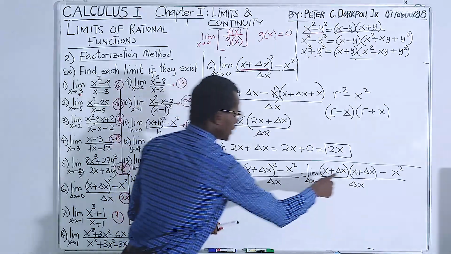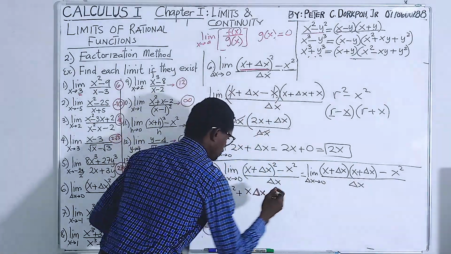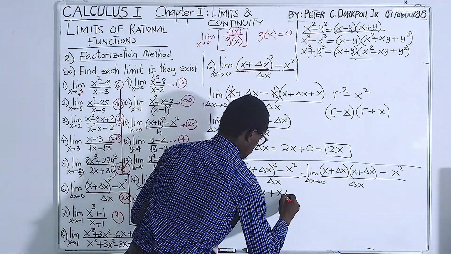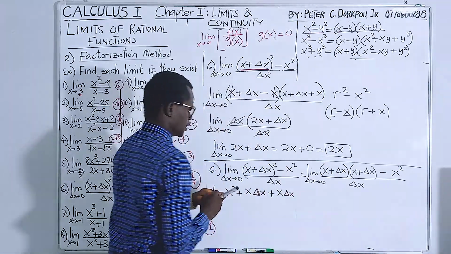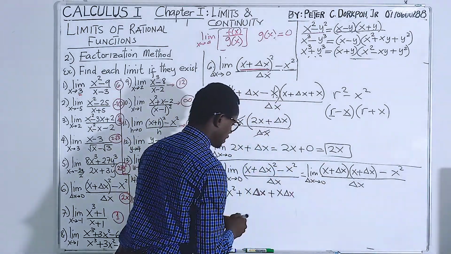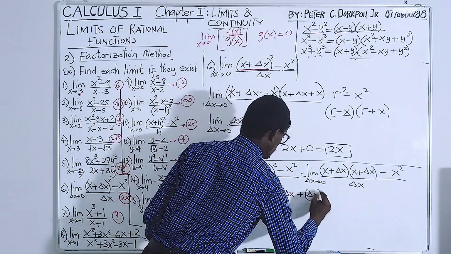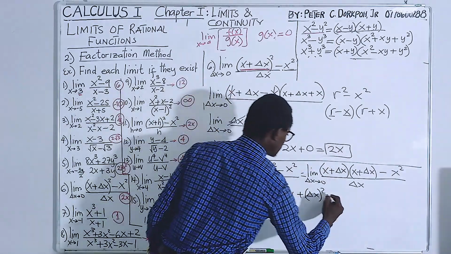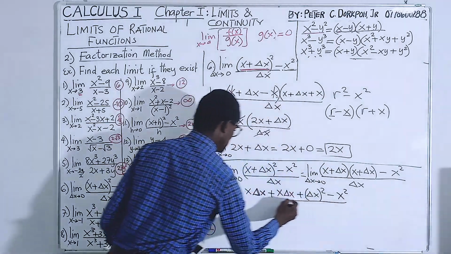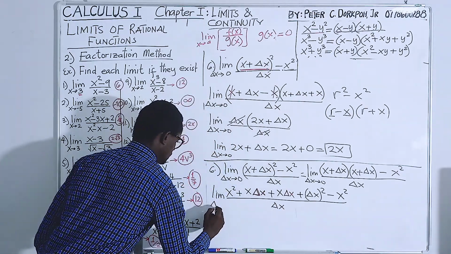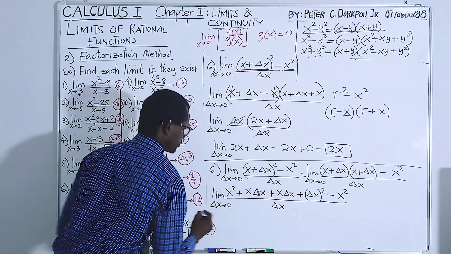Then the next one, Δx times x. So again, it is xΔx. Then Δx times Δx will give us (Δx) squared, minus the x squared at the end, divided by Δx, as Δx is now approaching 0.